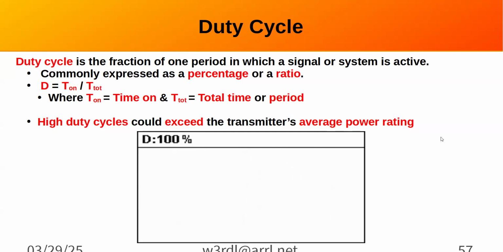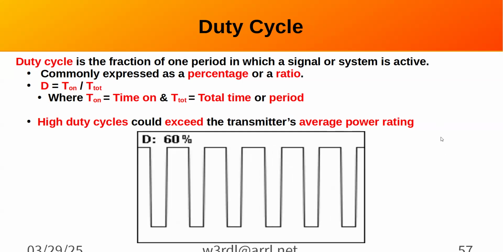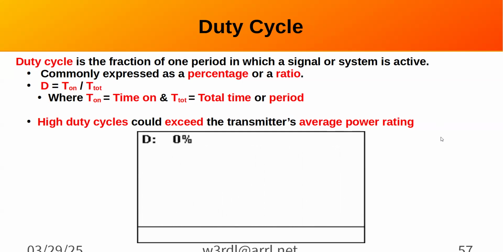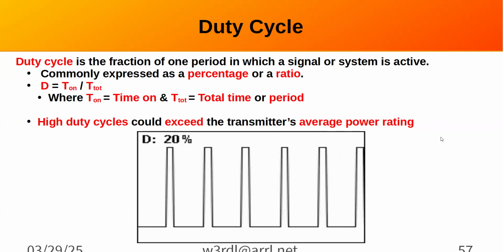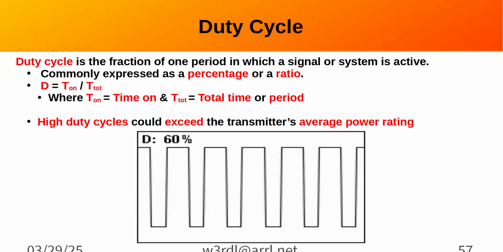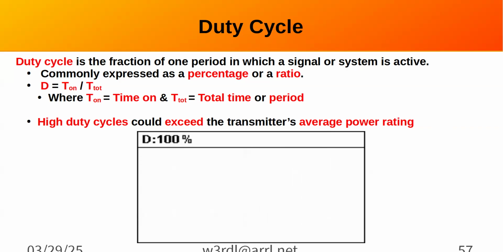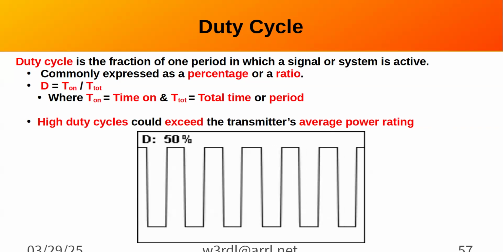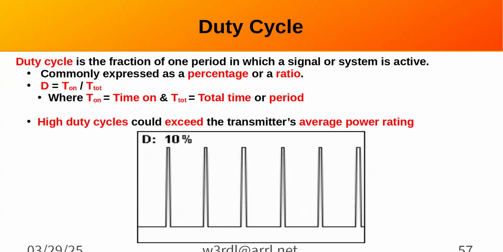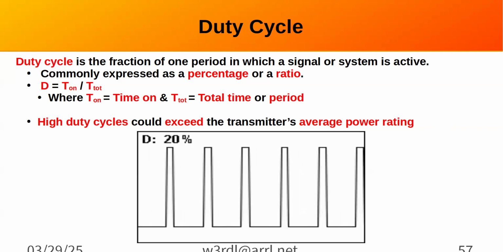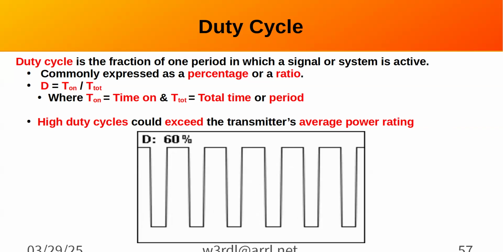I think the reason they bring it up is for things like FT8, and I guess FT4 is the same. They're both running at 50% duty cycle. Most modes like single sideband, FM, AM are nowhere near 50% duty cycle.